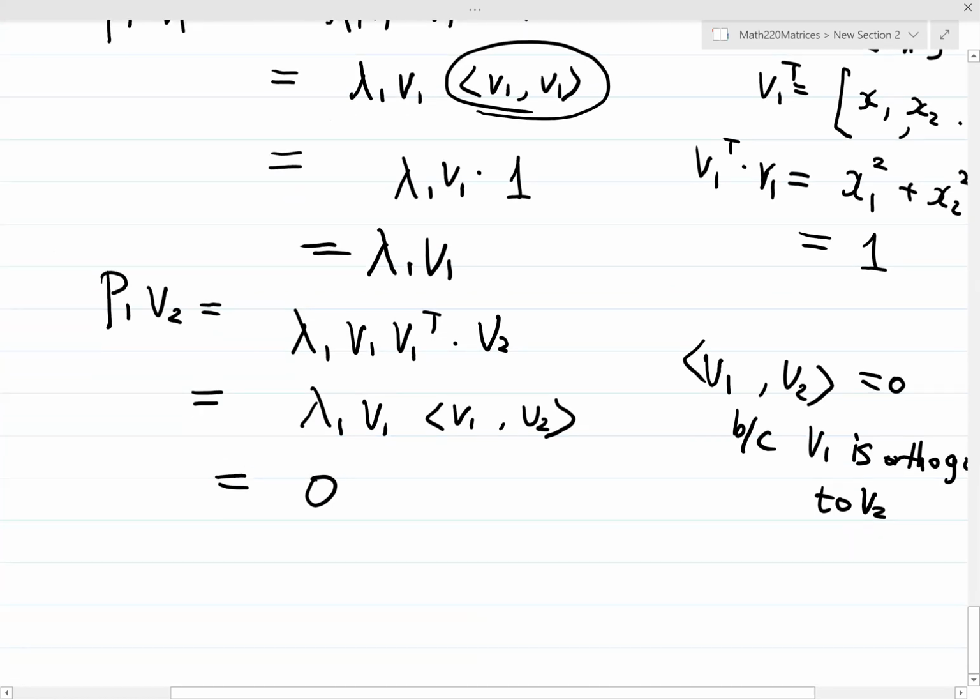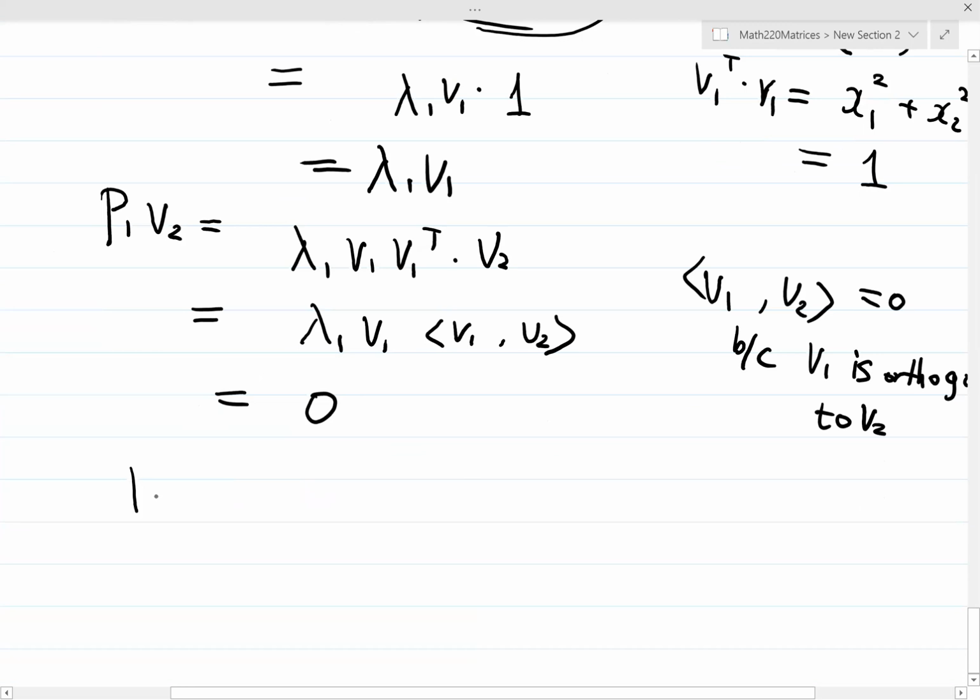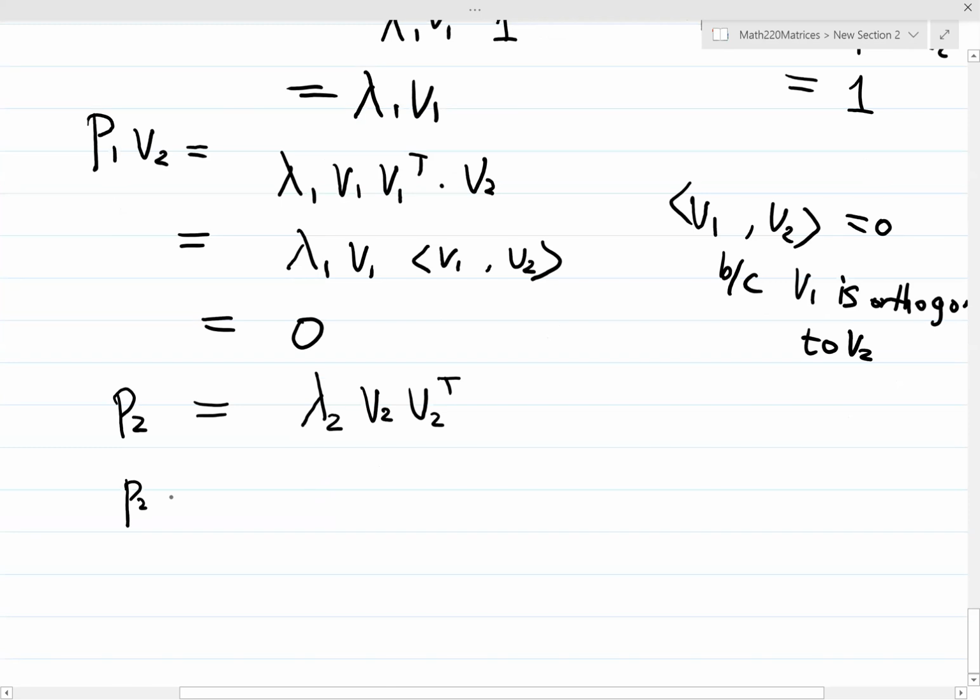Similarly, we define P2 as the projection onto the V2 direction, lambda 2 V2 V2 transpose, also reskewed by the factor lambda 2. You can check that P2 V1 gives 0, and P2 V2 is lambda 2 V2.